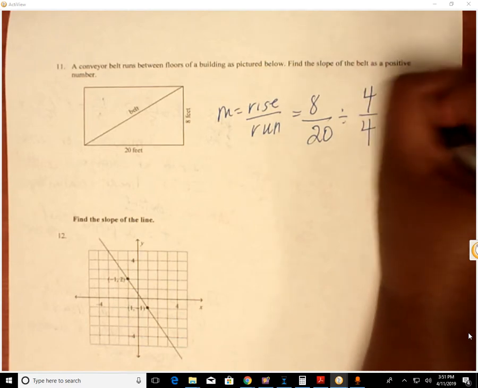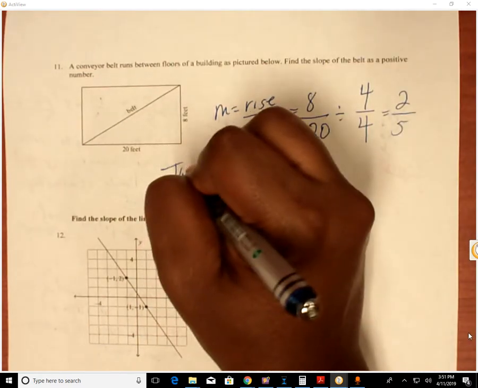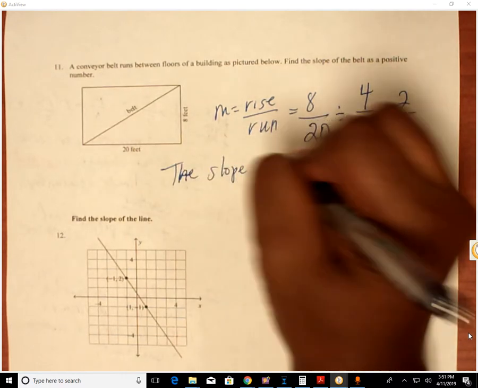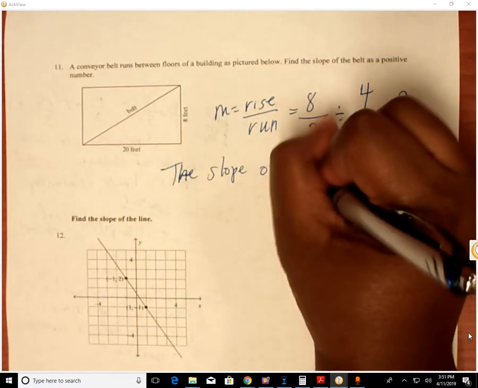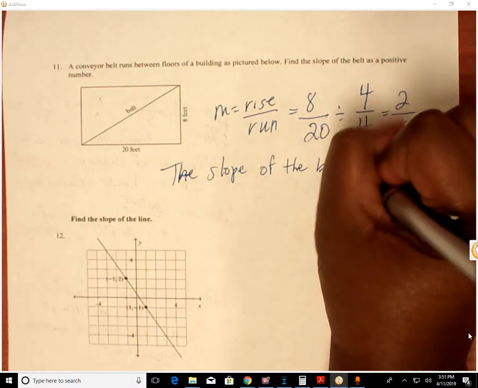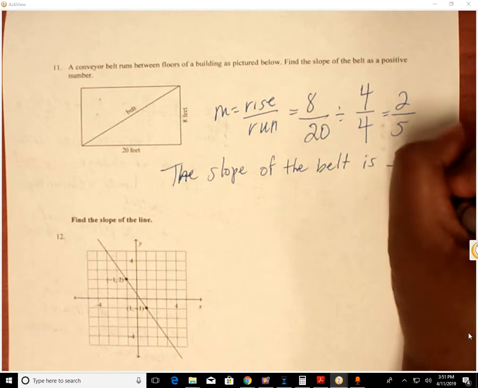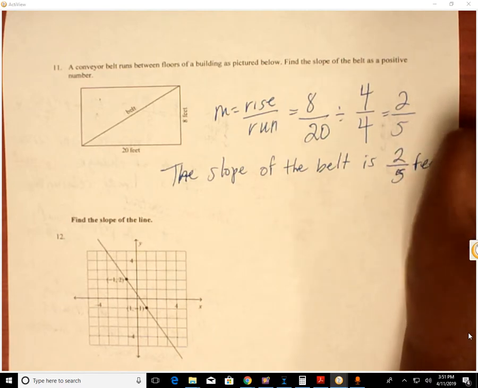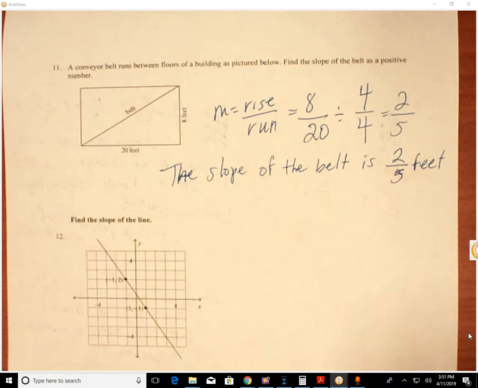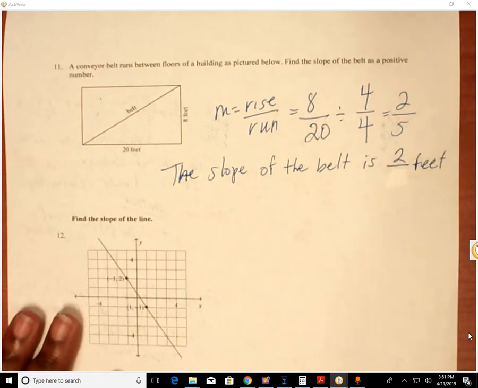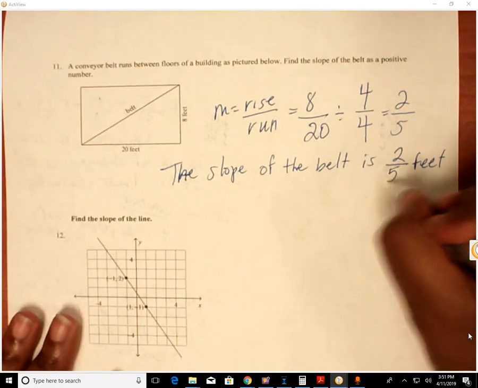It's going to be 2/5. So the slope of the belt is 2/5 feet. And remember, we have to leave slope as a fraction. That is the reason we left it there.